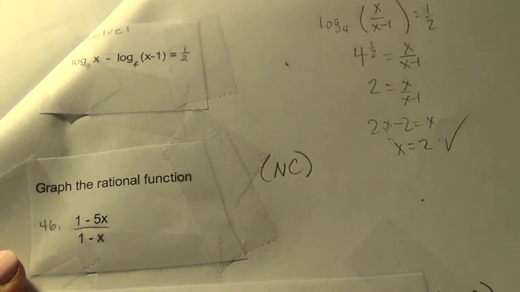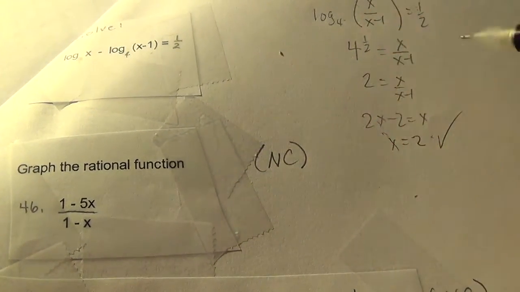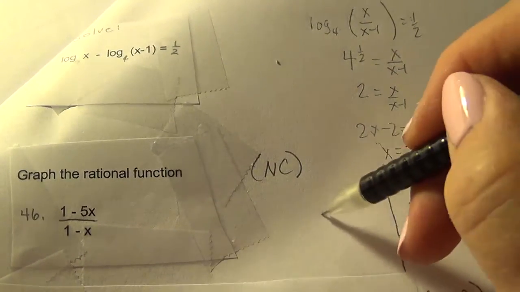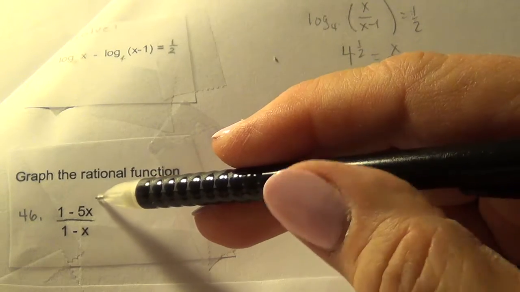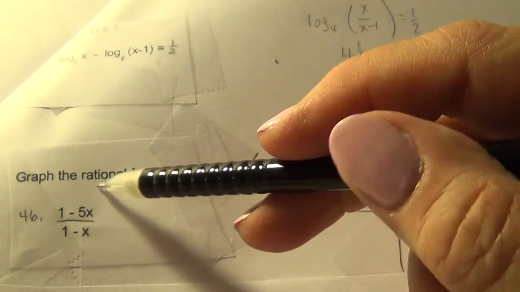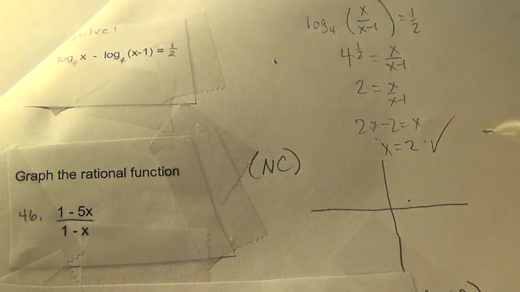X equals 2. The next one is graphing. This will be on the non-calculator part of your test. And this is case 2, when the degree of the top is equal to the degree of the bottom.